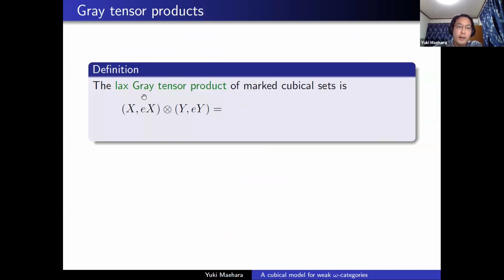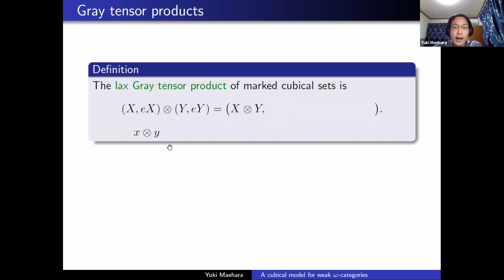So now the formal definition of the Lax Gray tensor product of marked cubical sets is given by, well, remember, a marked cubical set consists of a cubical set and a subset of the marked cubes. On the underlying cubical sets, this is just the geometric product. And a cube in this geometric product can always be written as a cube in the first factor tensor a cube in the second factor.